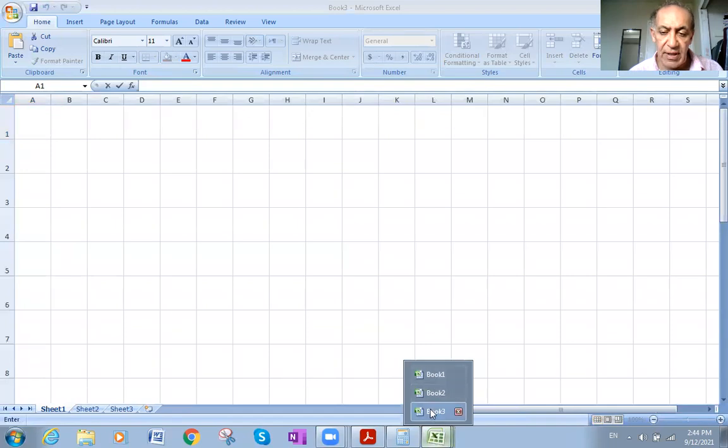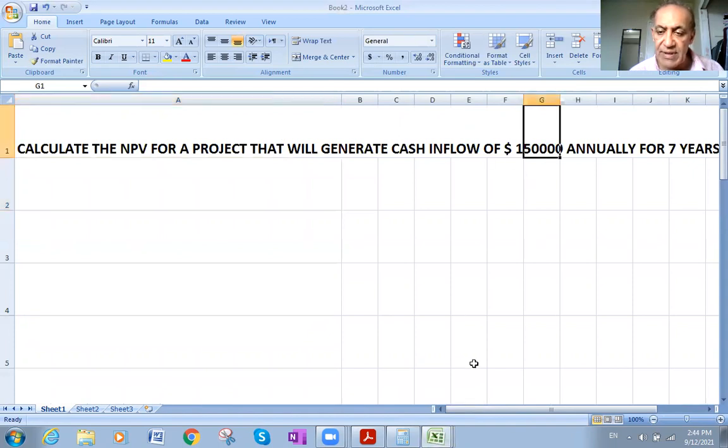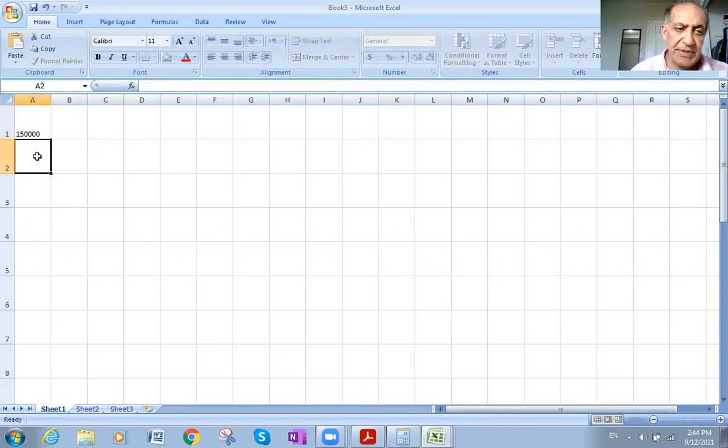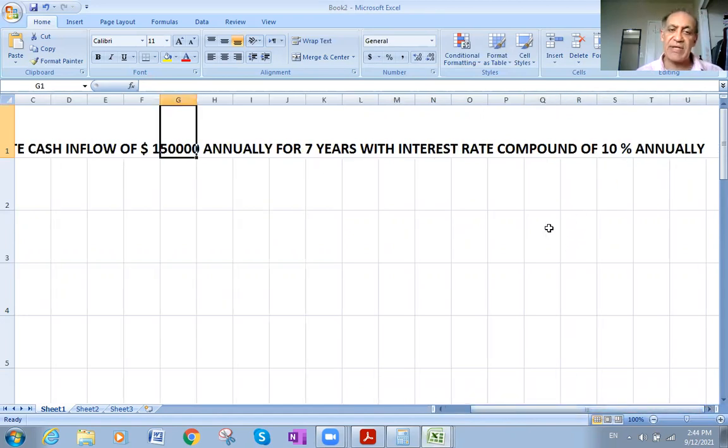You repeat 150,000 for 7 years, with the interest rate of 10% annually, and you use the built-in net present value function to calculate these amounts.